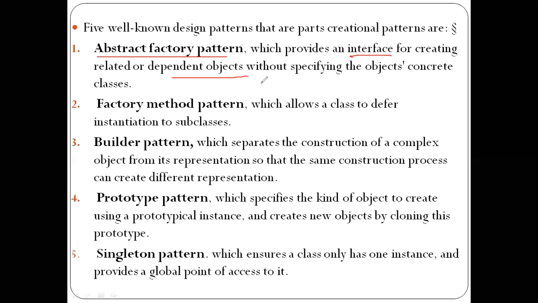For this we can use the implements keyword, isn't it? If you want to interact with some interface classes, you can use the implements keyword: class implements interface name. If you want to access those interfaces directly, you can create some objects in the main class.